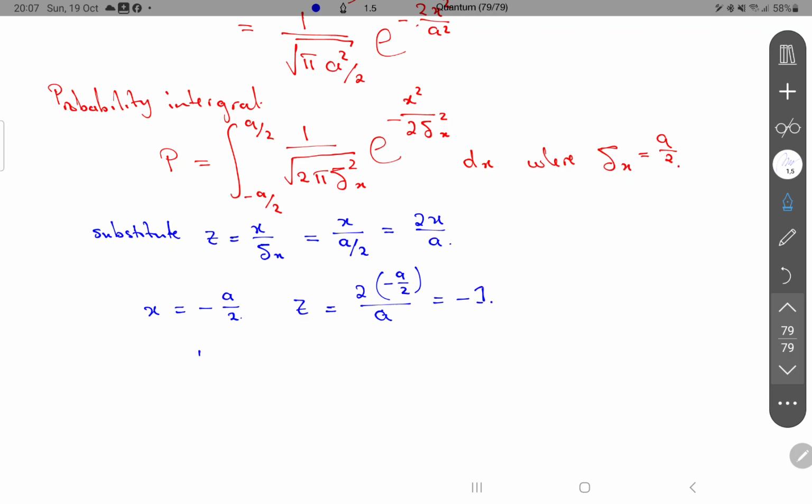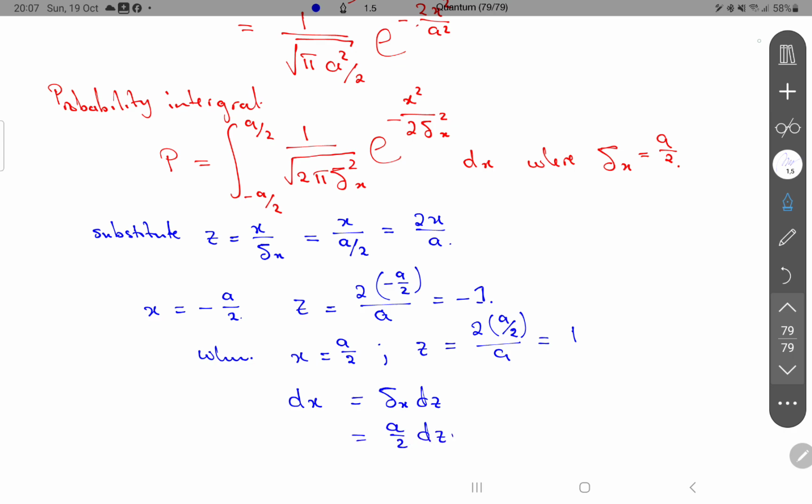So when x is equal to a over 2, our z equals 2 times a over 2 over a, which is equal to 1. Also we consider dx equals sigma x dz, and that will be a over 2 dz.